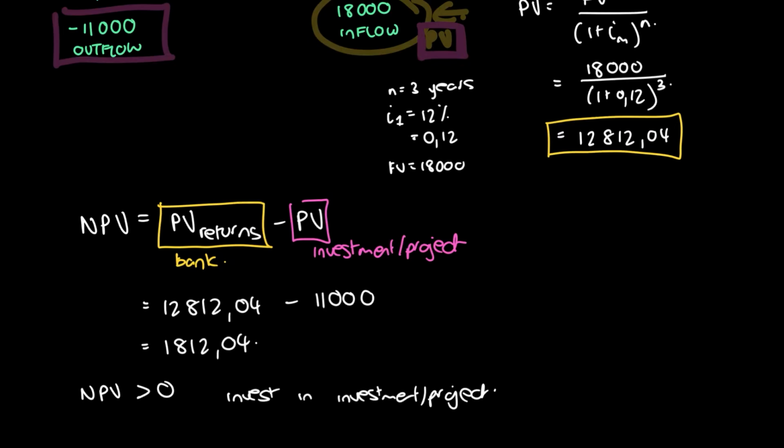So if the NPV is greater than 0, you invest in your project. If it is less than 0, you would prefer to invest in the bank, because then you're investing less in the bank to get the same outcome. And if it's equal to 0, you can just choose whichever one you're comfortable with.